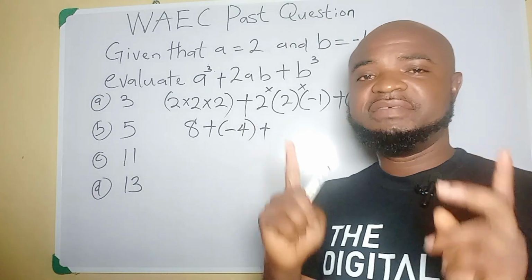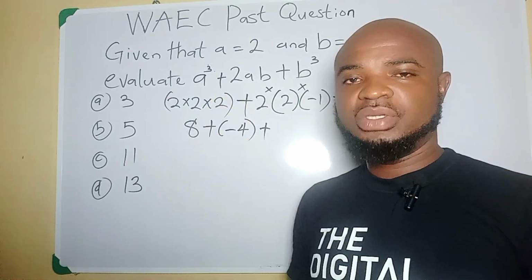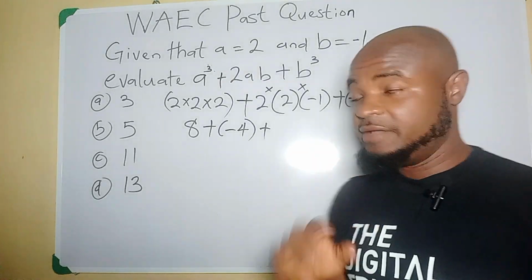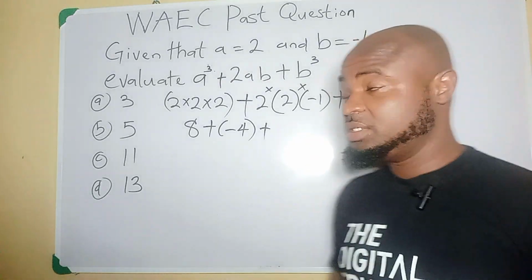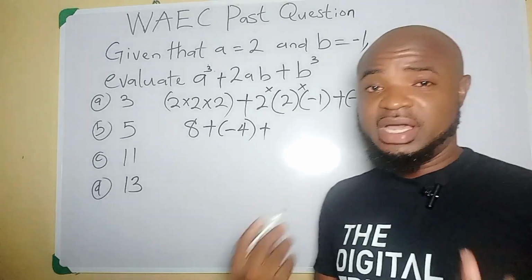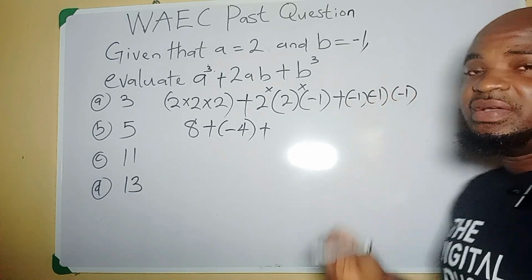But if you count and it's an even number pattern, that is 2, 4, 6, and so on, it will always be positive. So my negative appears 3 times here because it's attached to 3 numbers: 1, 2, 3. So obviously my answer will be negative. But let me show you how I got negative: negative times negative, positive, times negative, negative.